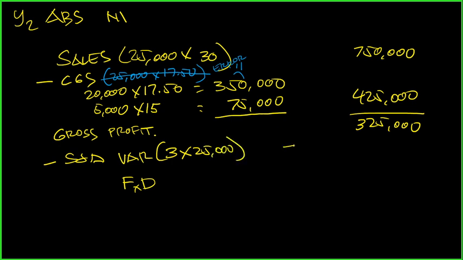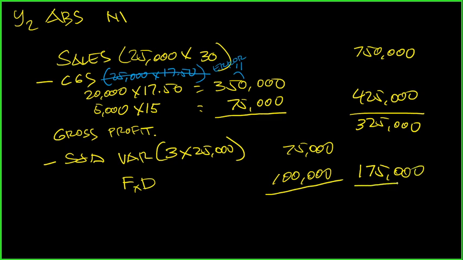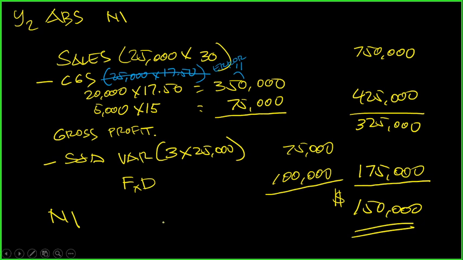Parang na-compute ko na to kanina. So you have 75,000, and the fixed is 100. Tada! 75 plus 100 is 175. 325 minus 175 is 150. Ayan, 150,000 net income. Okay, under absorption costing method.